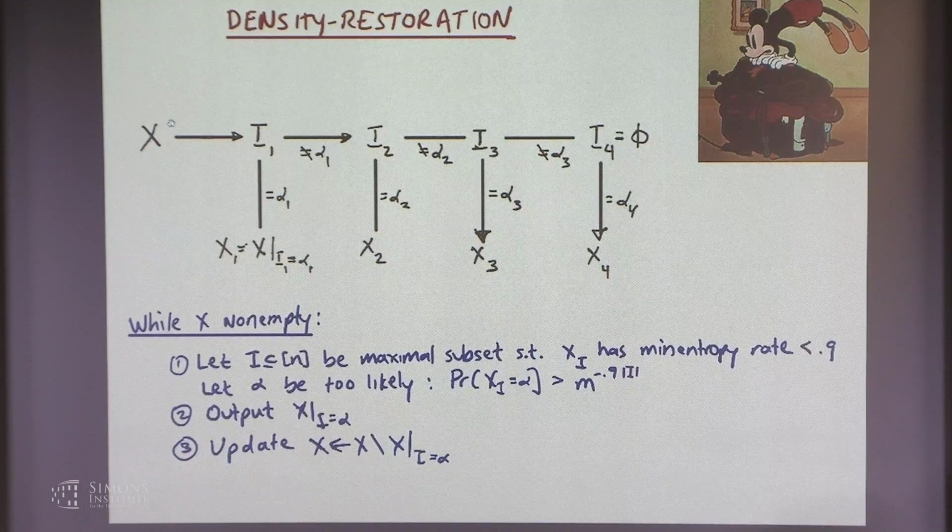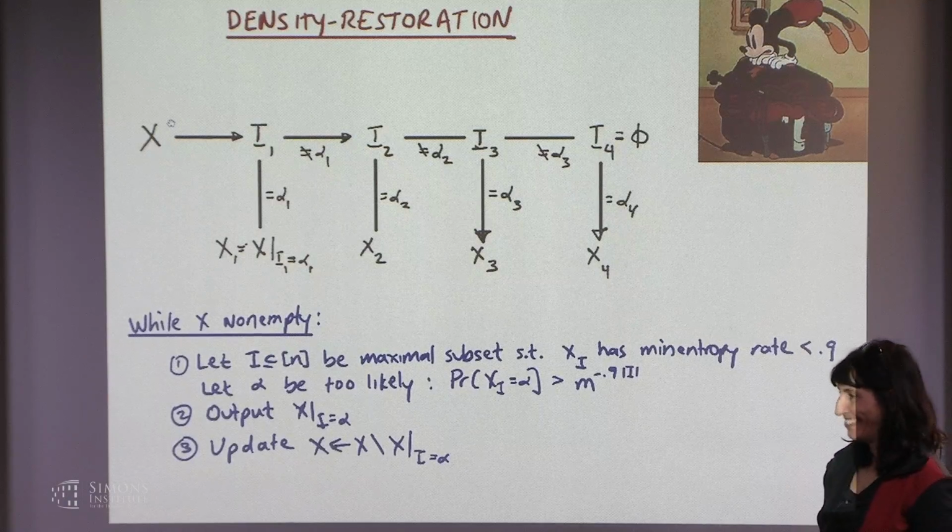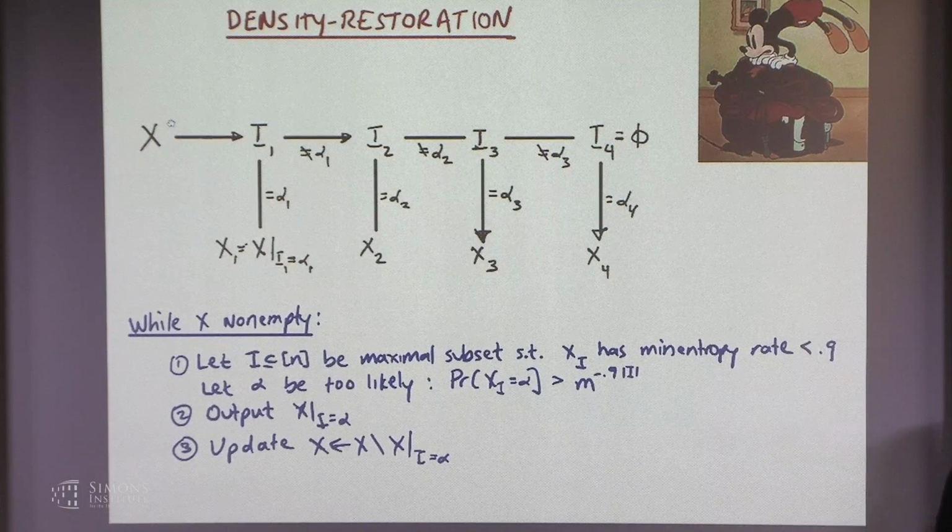But when you say you're partitioning, does that mean you're, in the simulation, flipping a coin? Yes, you're ahead of me. That's what we're going to do. I will describe the full simulation, but to do that, I have to first tell you how we're going to restore density.